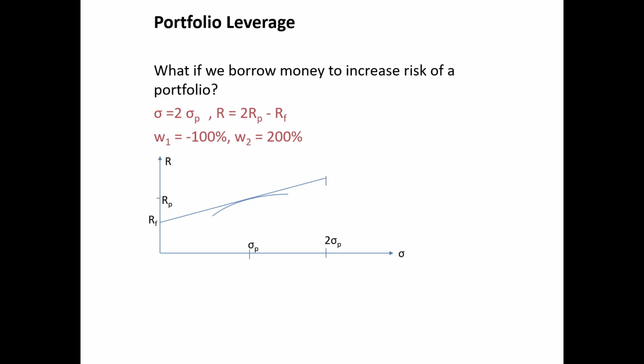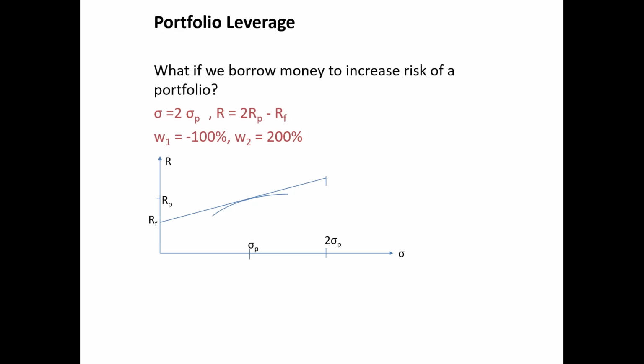What if you want to lever up the portfolio and borrow more? That means making the weight of the first risk-free asset minus 100% and the other asset 200%, so they still sum up to 1.